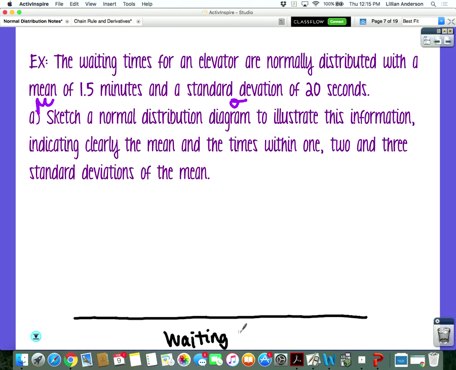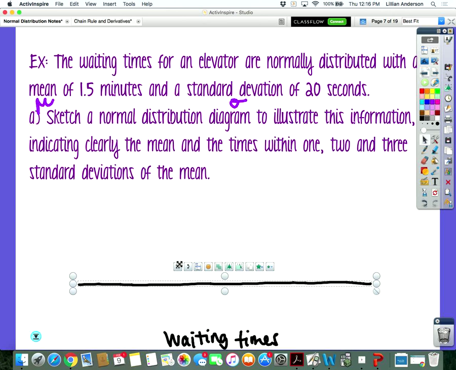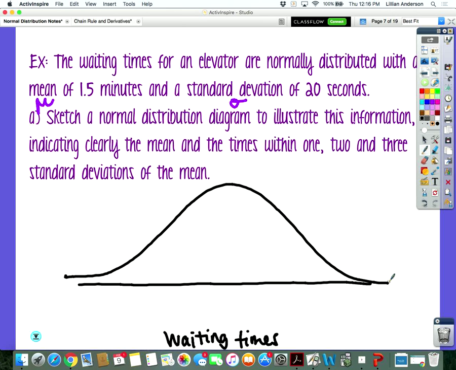Always label it if you ever have to draw it yourself. In your homework, make sure you do it. Always. And then you need to draw your bell curve. Do your best to draw a symmetrical bell curve. It should be asymptotic to the x-axis.